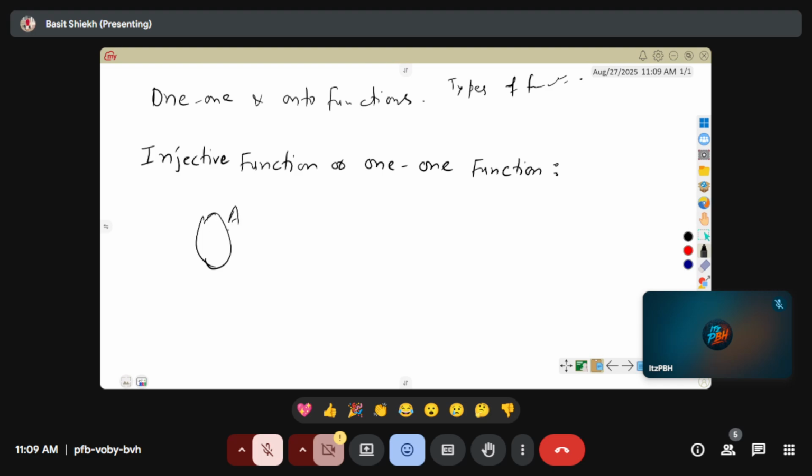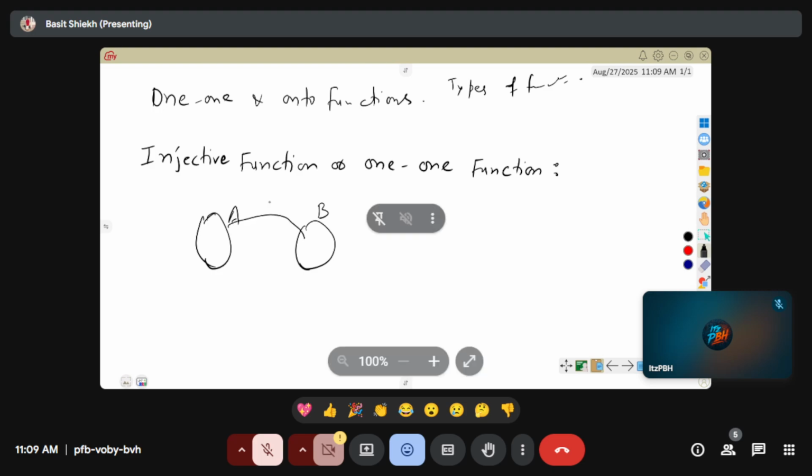Let's consider this set A and this set B, and there is some function f defined from set A to set B. Here are a, b, c, and let's say here is 1, 2, 3, 5. Every element from set A should be related to some element here because it is a function.